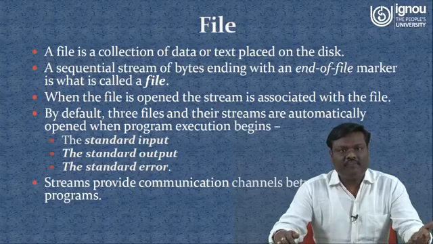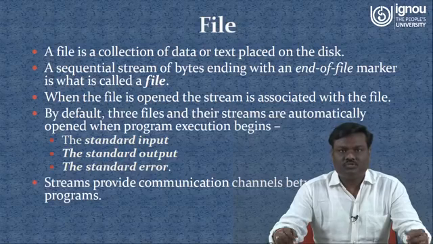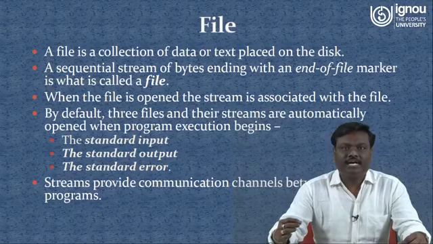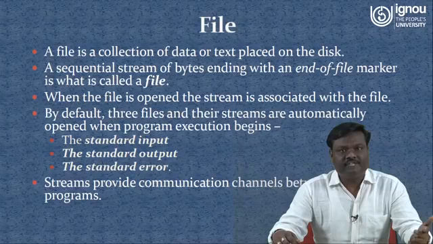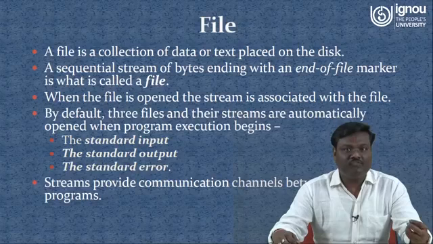So normally a file is a collection of data or text placed on the disk. So it will be identified with a name dot extension file name. Another definition we can provide here is, it is a sequential stream of bytes ending with an end of file marker.